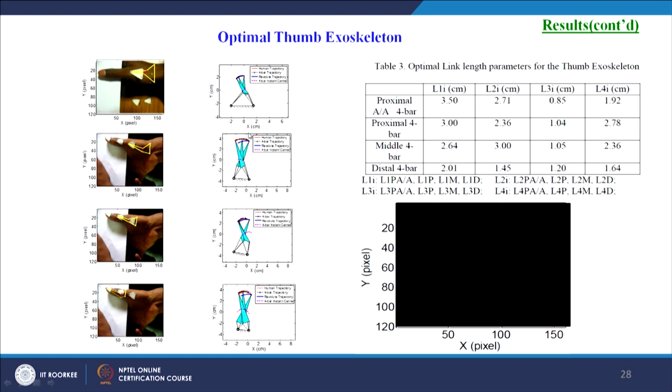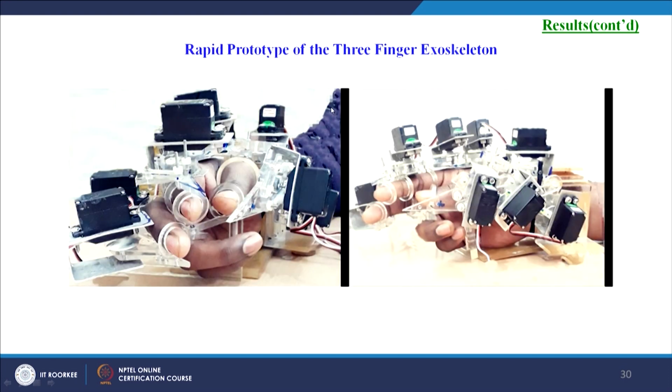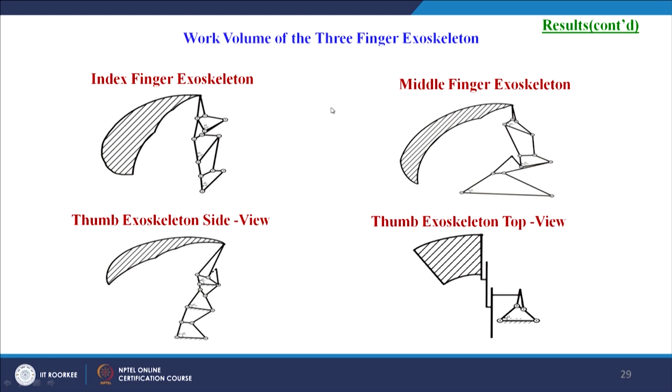We have the trajectory comparison for each 4 bar mechanism with that of the serial link, and then we could also take the work volume of the 4 bar mechanisms for each exoskeleton, that is the index finger exoskeleton, middle finger exoskeleton and the thumb exoskeleton, in 3D view, both the side view and the top view.